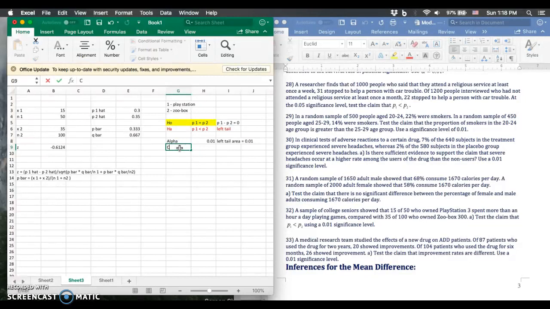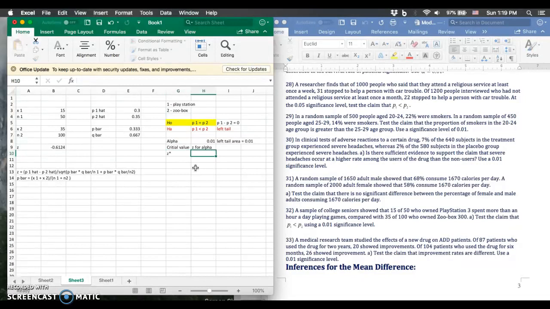So I want to find the critical value, which is the corresponding z-score for the alpha. Since I know the area, I'm just going to separate it.